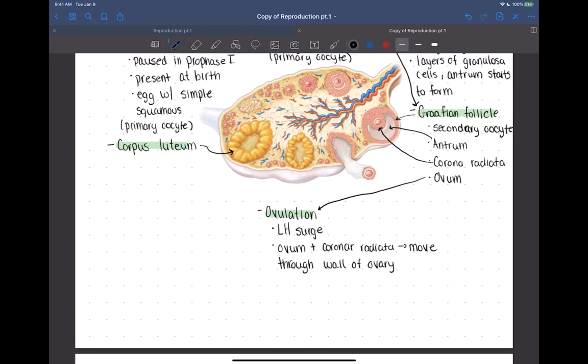The corpus luteum is made up of those granulosa cells left over after ovulation, and its job is to produce the hormone progesterone.